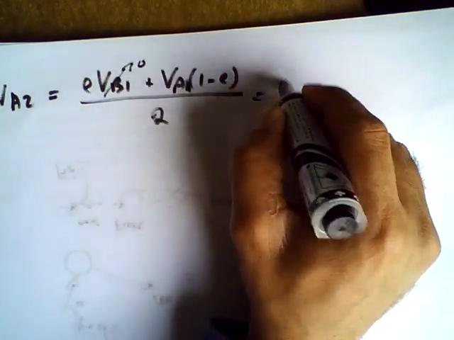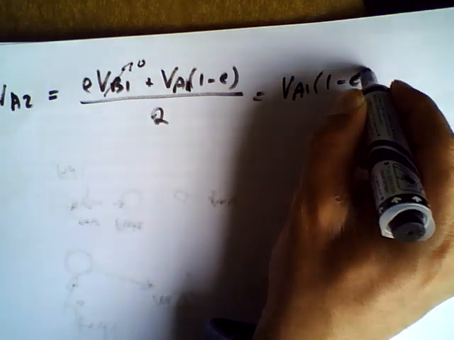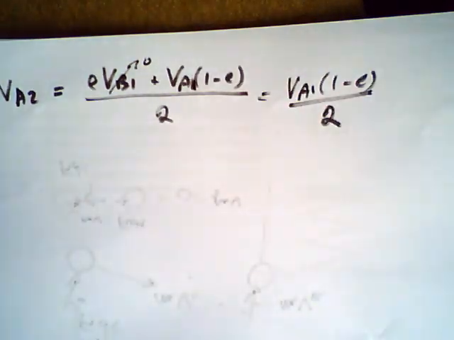So you're gonna end up with VA1 times 1 minus E, and then divide that by 2.